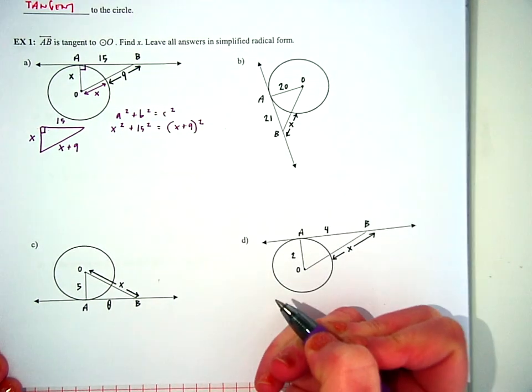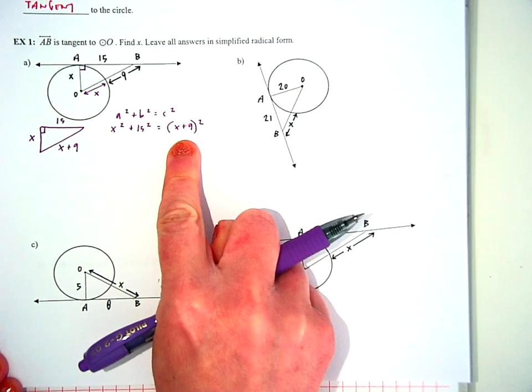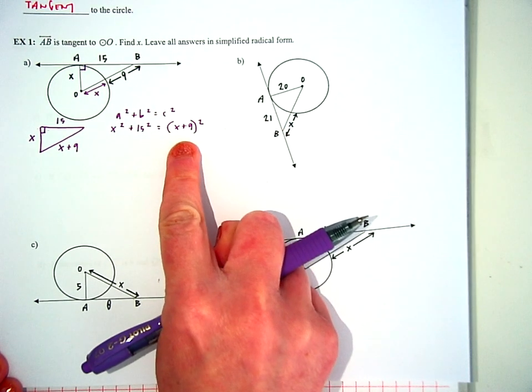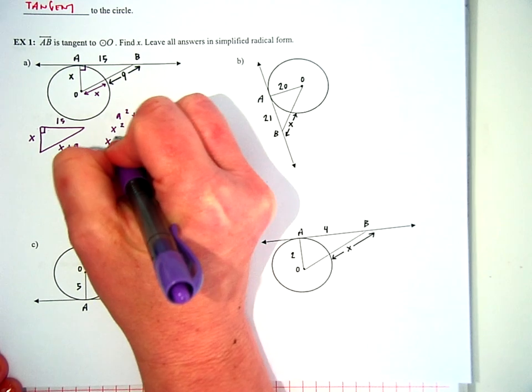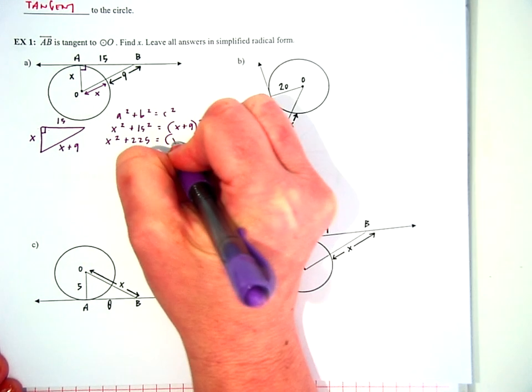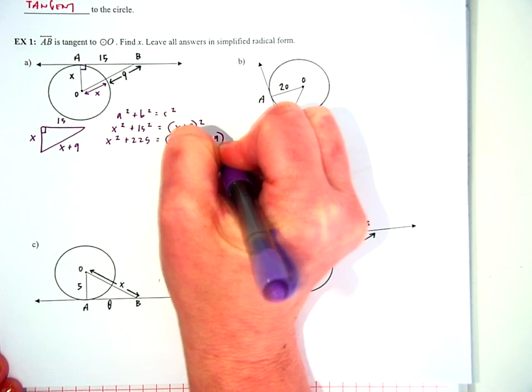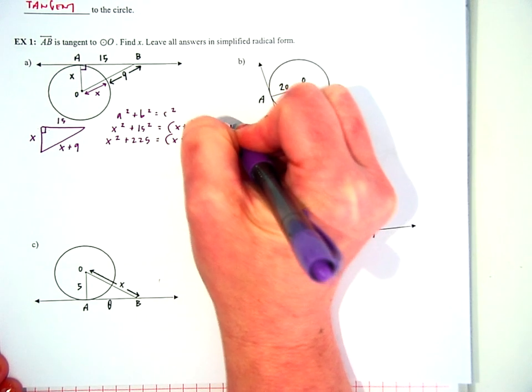Then I need to write this out as two separate packages, x plus 9 times x plus 9. So my next stage, I have x squared plus 225 is equal to x plus 9 times x plus 9. And that's a good reminder that we're going to have to FOIL this out.